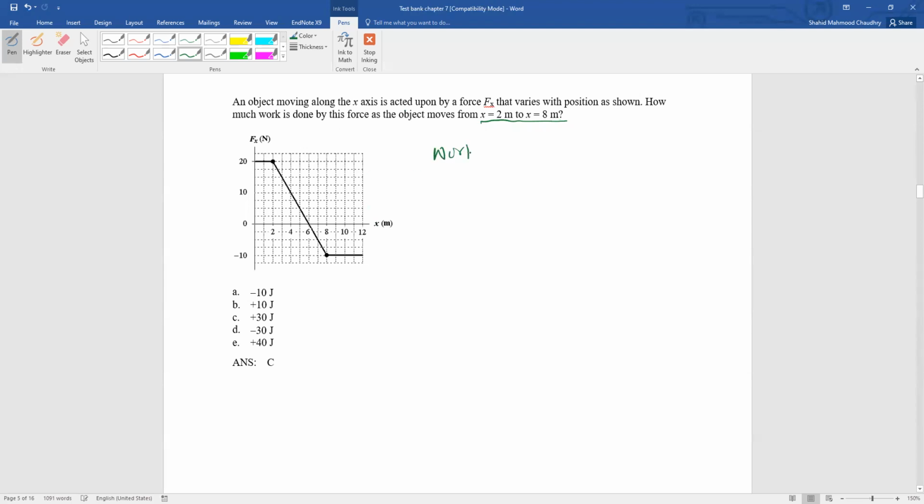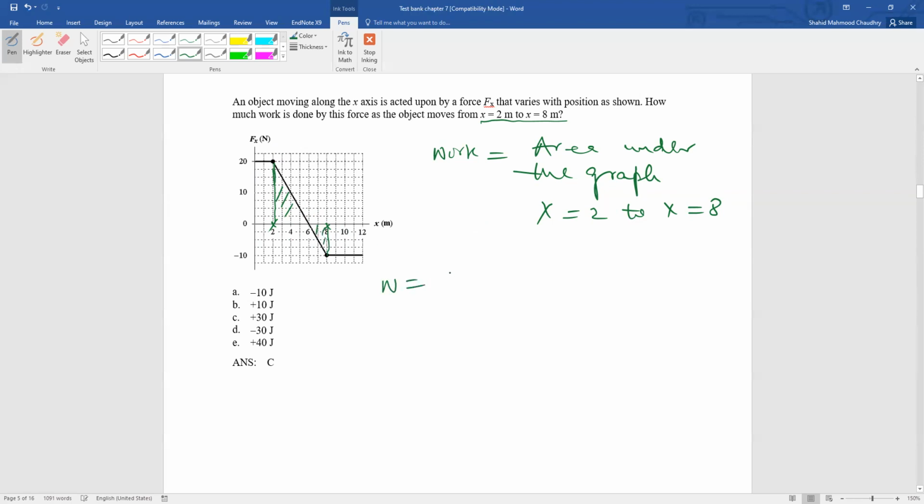So work done is equal to the area under the graph between x is equal to 2 and x is equal to 8. You can see that this is x is equal to 2 and this is x is equal to 8. From here to here, you can draw a line, and this is one triangle and this is another triangle. So we will add the areas of these.